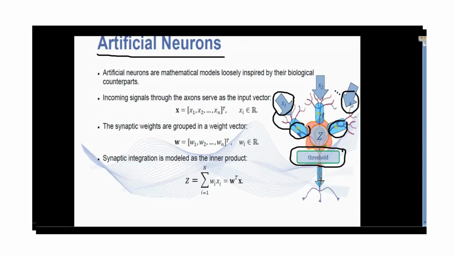This is known as the neuron being fired. So this is the main working of any neuron. What you have to remember here is that the scalar product will be compared with the threshold, and if the scalar product is greater than the threshold, then the neuron will be fired in the next layer.